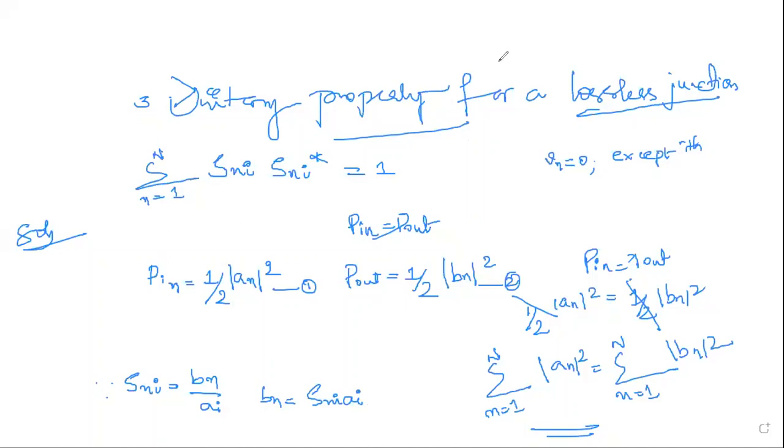So what you have to do is, you have this equation, summation n is equal to 1 to n, magnitude of An square, which is equal to summation n is equal to 1 to n, magnitude of Bn square. But I have written for Bn, that is Sni into Ai. Now, you have to substitute this Bn value here.